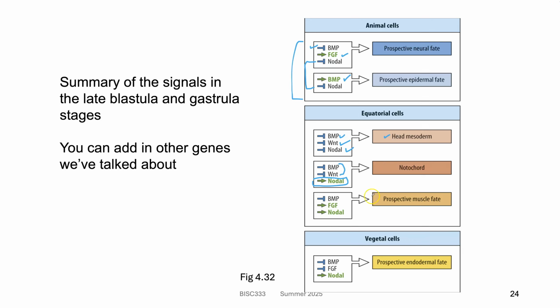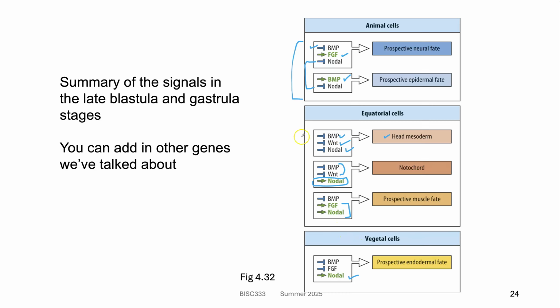And then prospective muscles, which is still intermediate mesoderm, FGF and nodal together are both promoting that. And then on the vegetal side, prospective endodermal fate requires nodal and the inhibition of these. Now you can go through this as a study guide or study method, and we haven't really talked about FGF very much. It's kind of an afterthought.